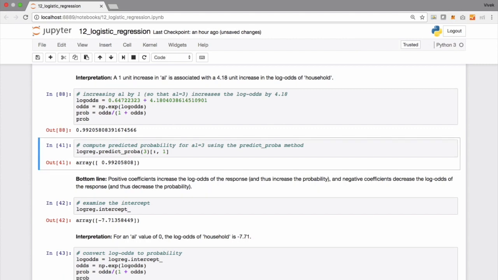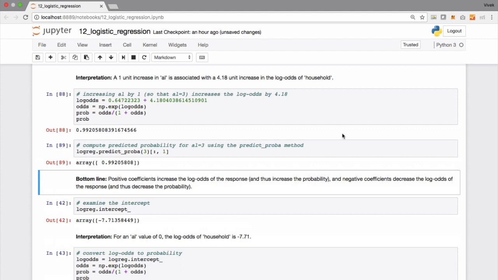We'll actually get a probability of 0.99. And since we knew that a unit increase in AL will result in a 4.18 increase in log odds, we manually increased the log odds by 4.18, took the exponential, calculated the probability, and this is the same probability that scikit-learn outputs when we do a predict_proba with an AL value of 3.